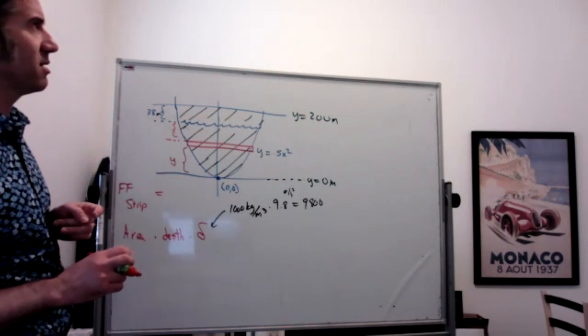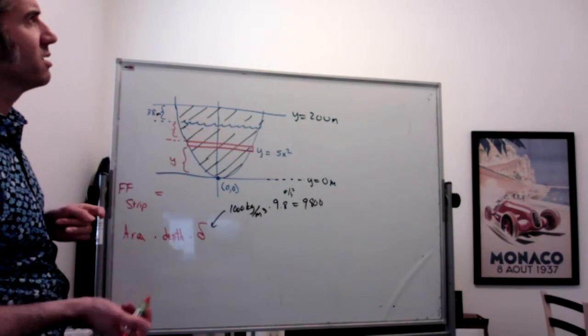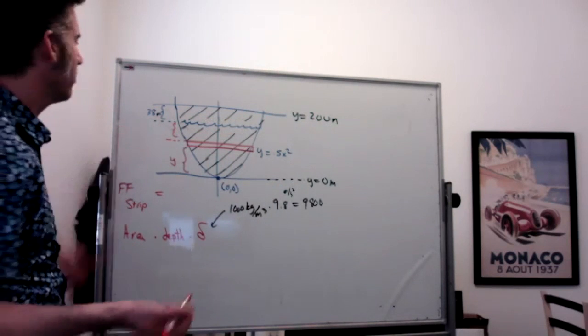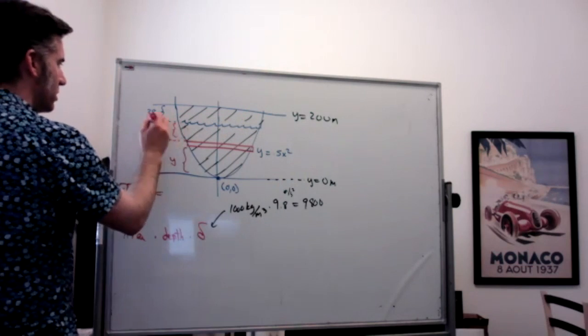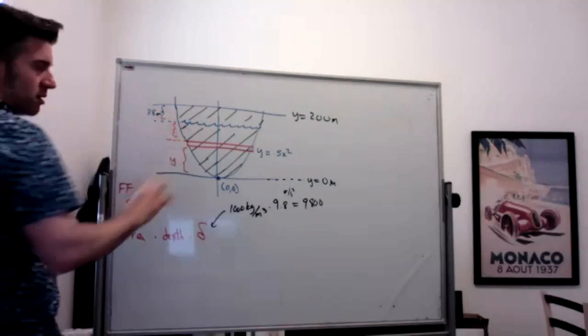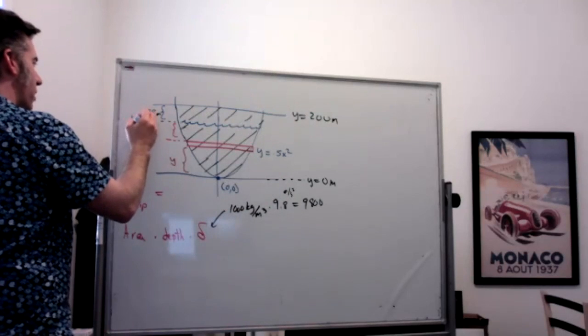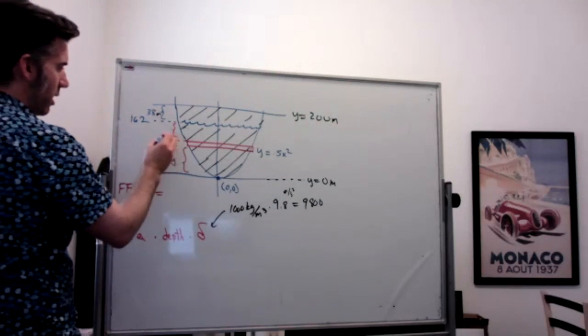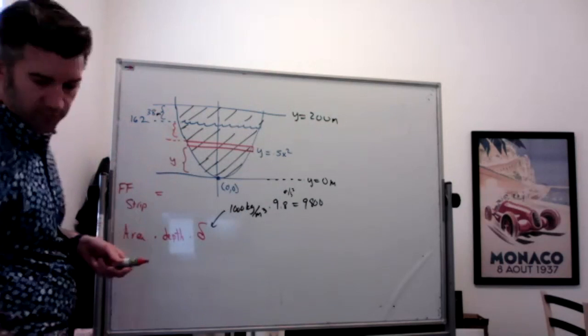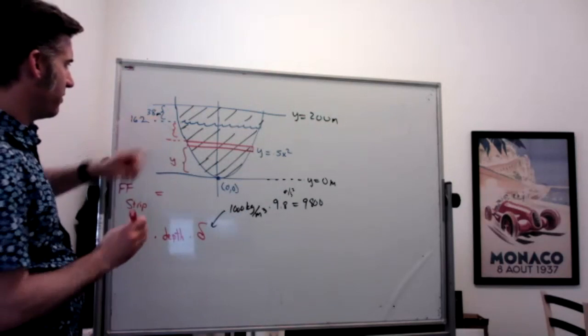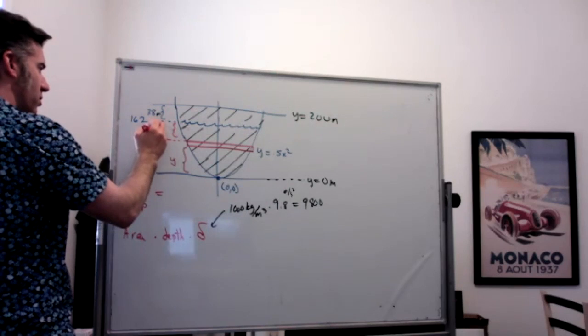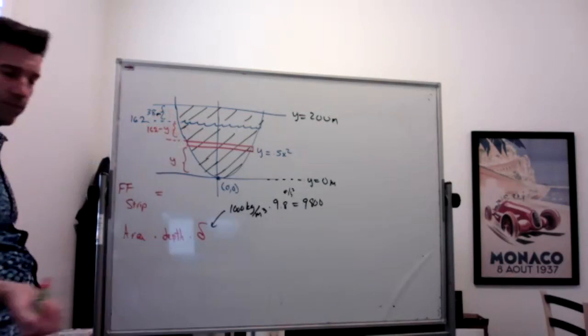So the water level is at a height of 162 meters above the ground, and the depth of this strip is going to be 162 minus y.